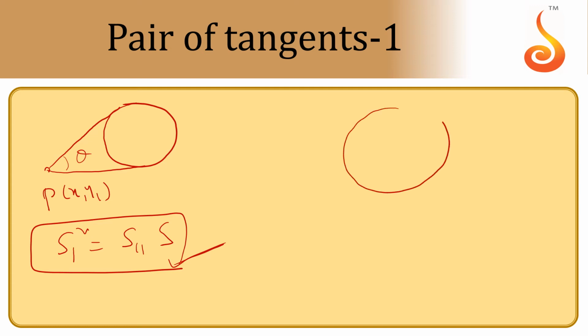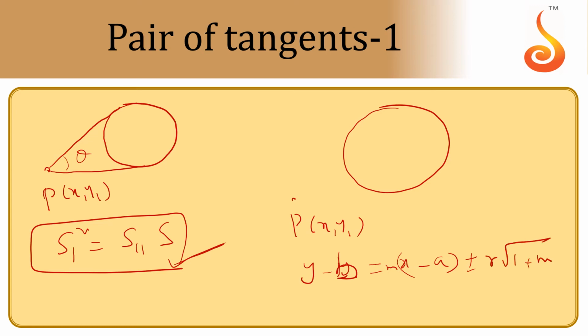The same pair of tangents you can calculate in another way, which we already discussed. You know that the equation of all infinite tangents will be y minus b equals m into (x minus a) plus or minus r root (1 plus m square).